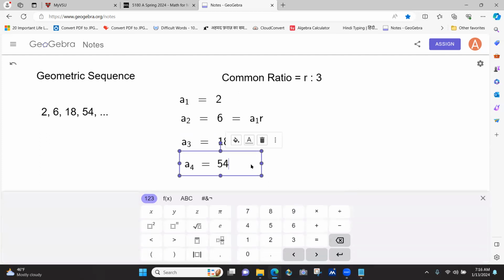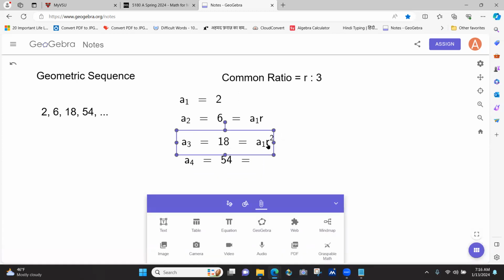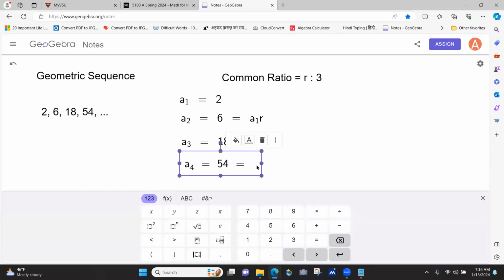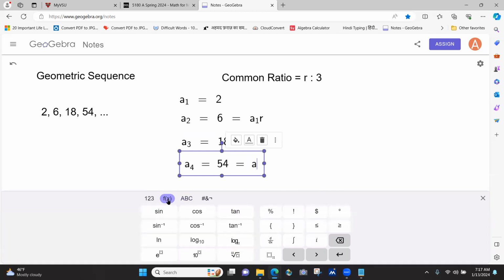Okay, the fourth term, arguing exactly the same way, is really the third term times R, which makes the first term times R to the power 3. Your choice.